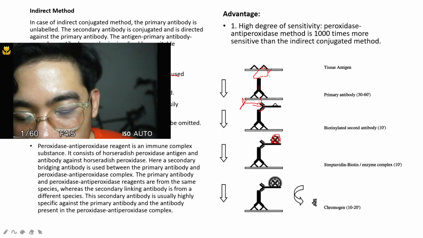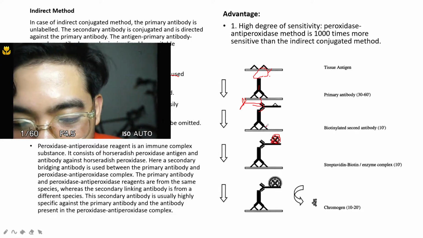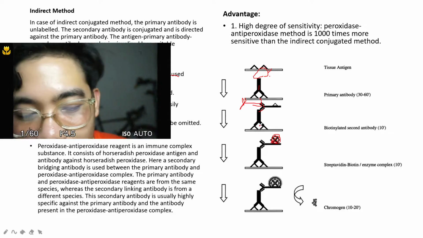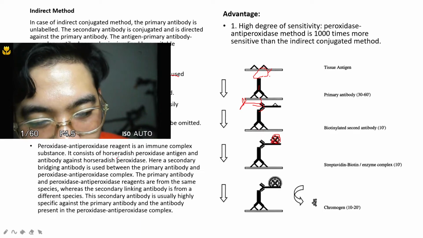That is because the target of your secondary antibody is only the Fc portion of your primary antibody. It no longer needs to be injected into the mouse.